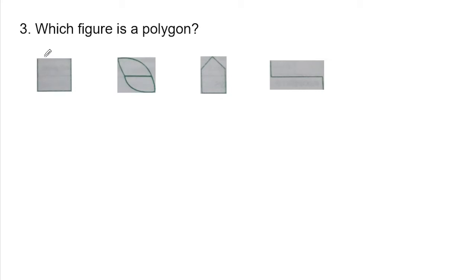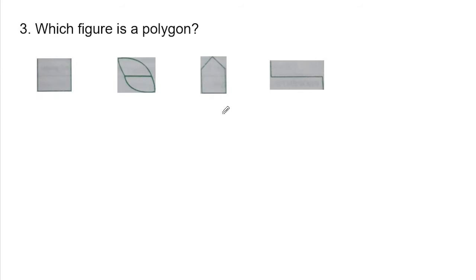This figure has only straight lines, so this could be a polygon. This figure has some curved lines, like over here, over here, over here. So this cannot be a polygon. And this figure has straight lines too, so this can be a polygon. And this figure also has straight lines, so this can also be a polygon.